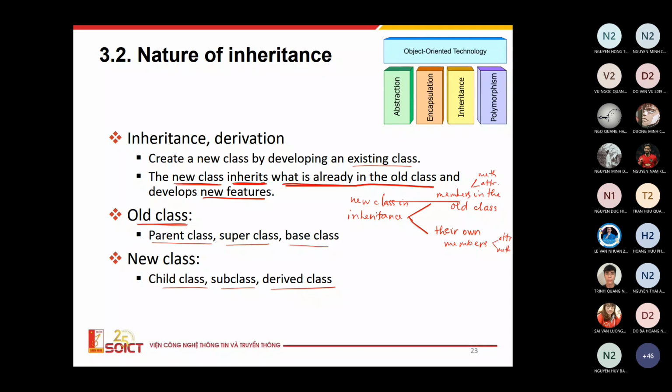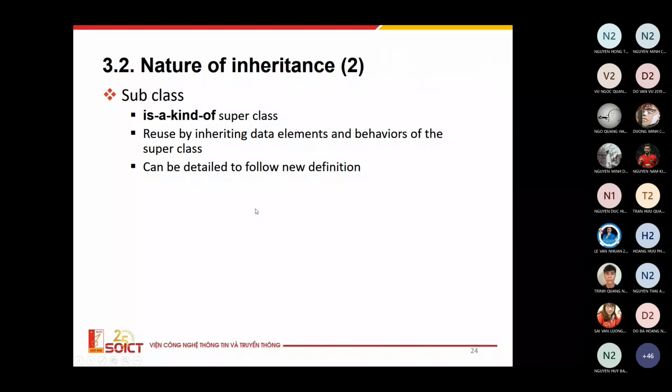These are some different terms you can see in the document or in the book when you read about inheritance. And of course the subclass in inheritance is a kind of the superclass. In this lesson I call them the subclass and superclass.